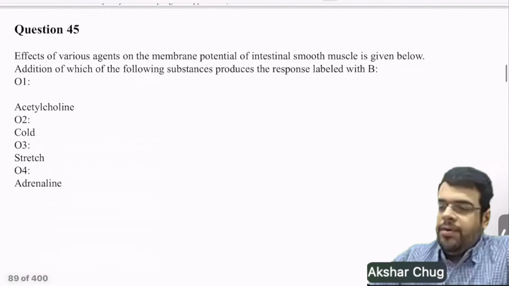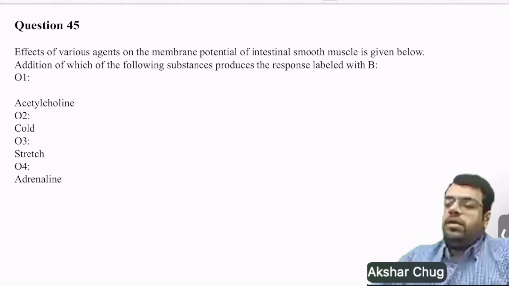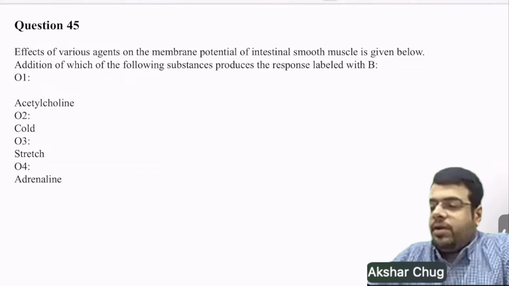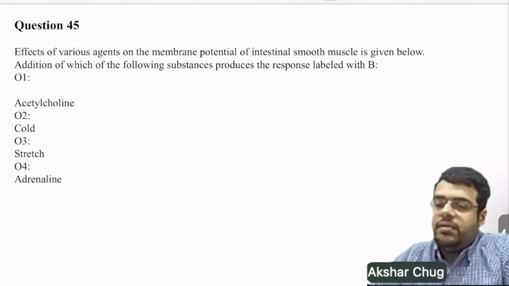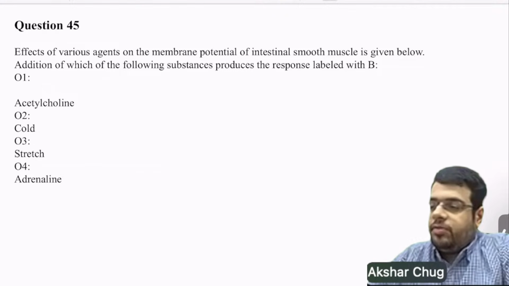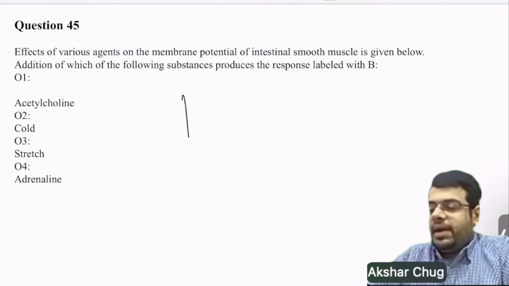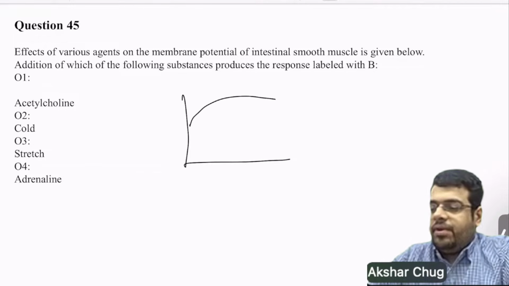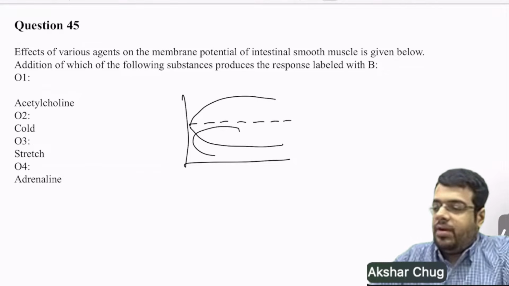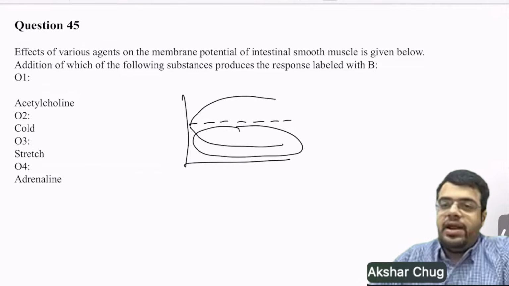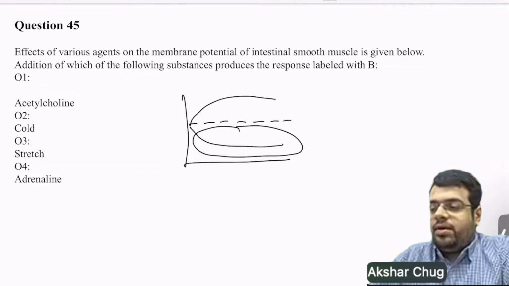Moving to question 45. Effects of various agents on the membrane potential of intestinal smooth muscle are given below. Which of the following substances produces the response labeled B? So basically, there was a graph showing increased response and decreased response. If this is the baseline, we were asked which drug will cause this graph.